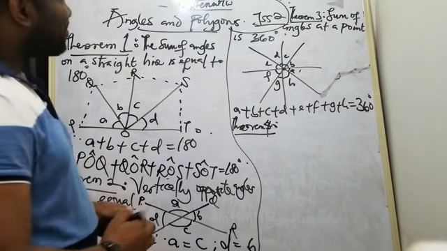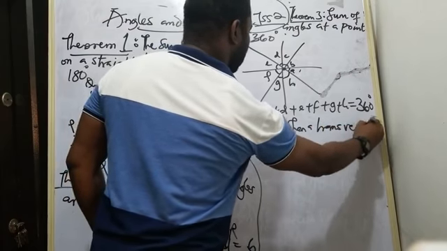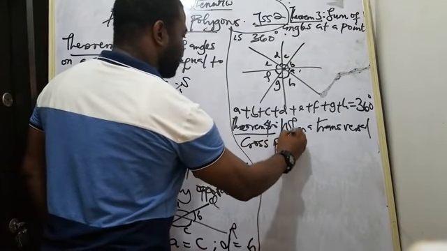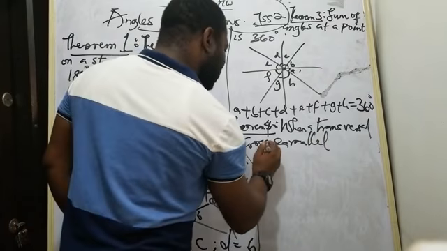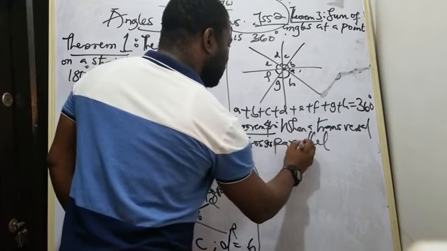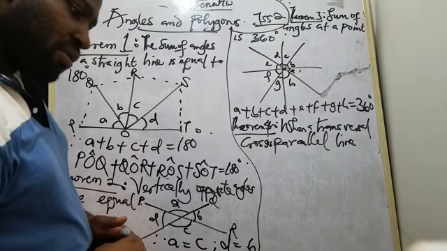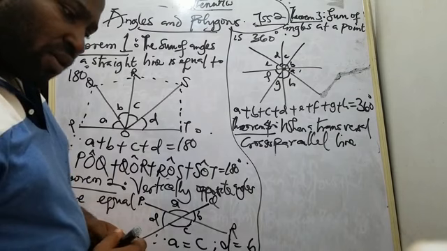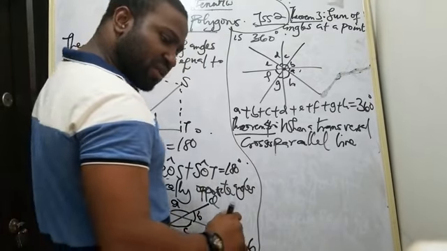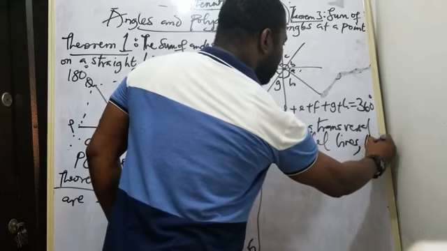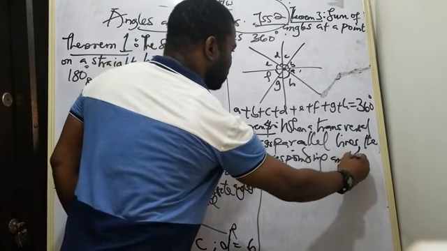When a transversal crosses parallel lines, the corresponding angles are equal. The corresponding angles are equal.